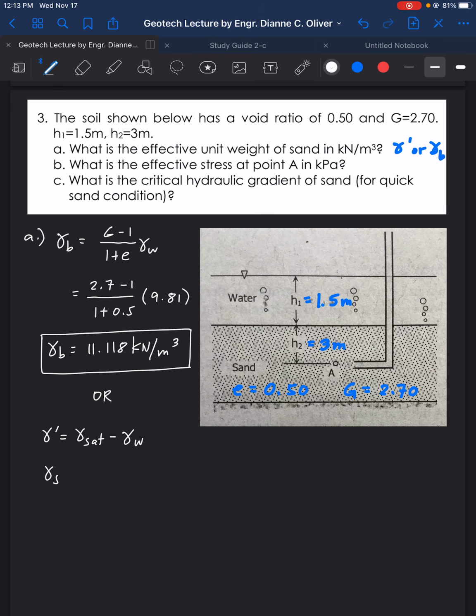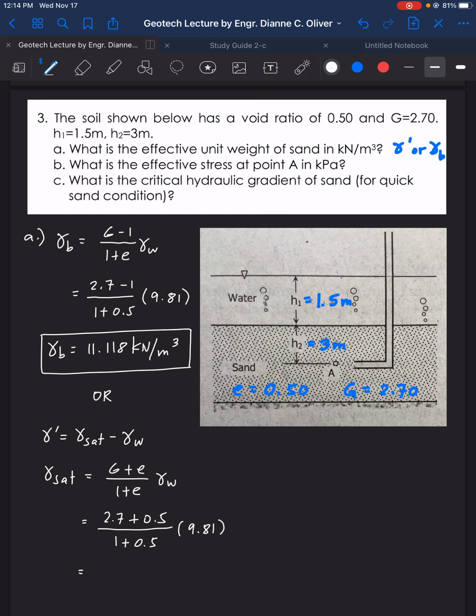So for gamma sat, we have there G plus E over 1 plus E. So you just have these options in case you forget the formula for gamma effective. So that is equal to 2.7 plus 0.5 all over 1 plus 0.5 gamma of water 9.81.